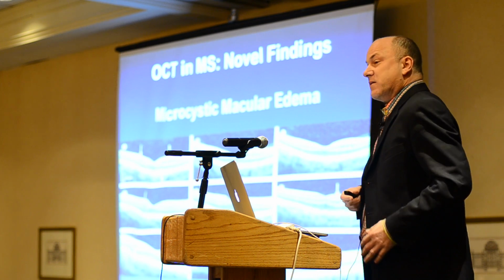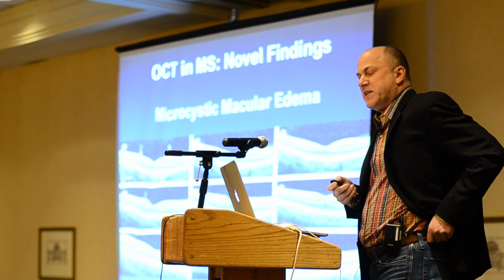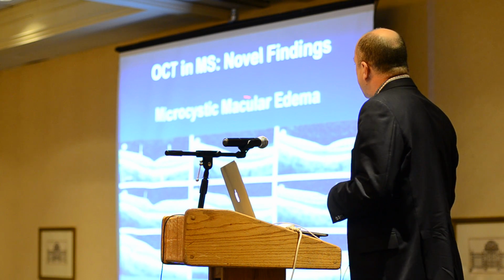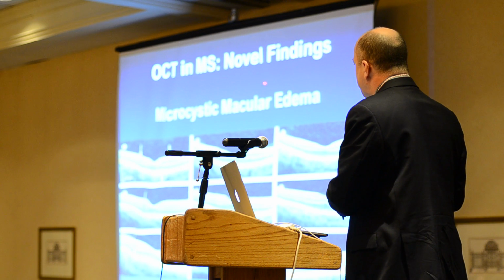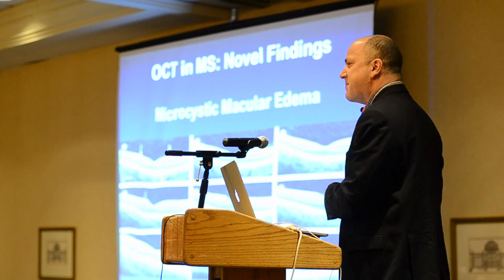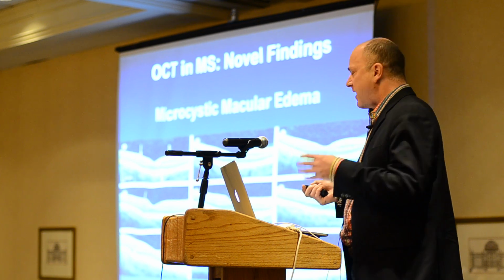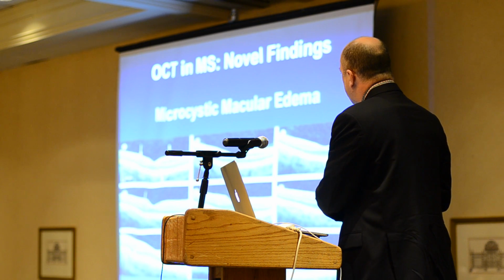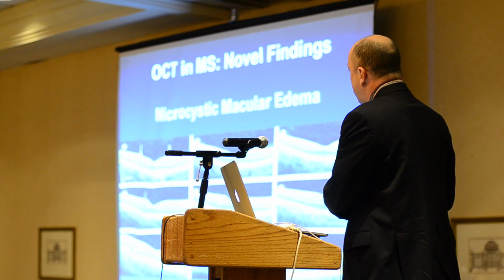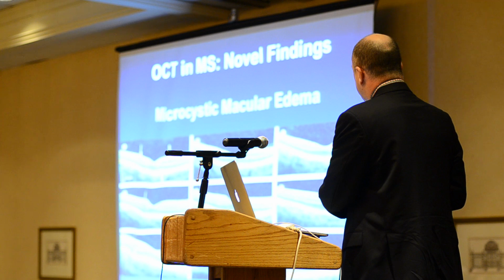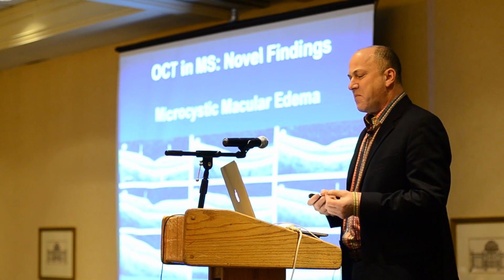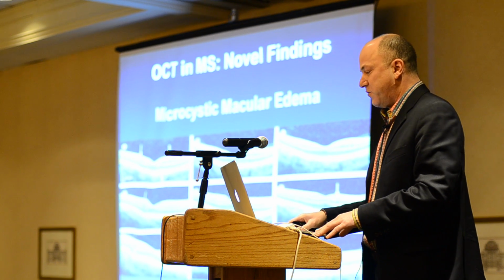Another reason why we are doing OCT is we're finding new pathologies in the back of the eye. This is one recent publication that shows in a fraction of MS patients, when we look at that macula, that retinal area, not around the optic nerve, we can see little pockets of fluid. The arrows here are showing you where those pockets of fluid are in the retina. These are called microcysts, little pockets of fluid.